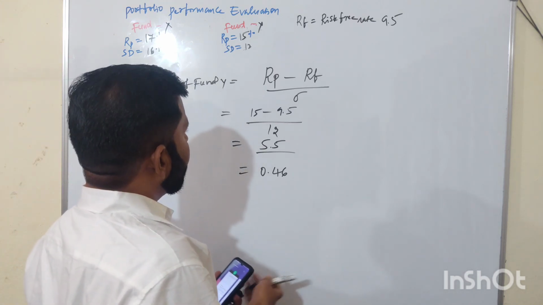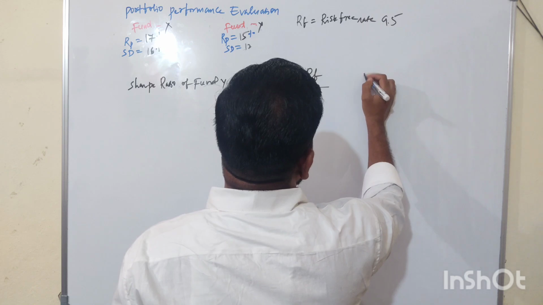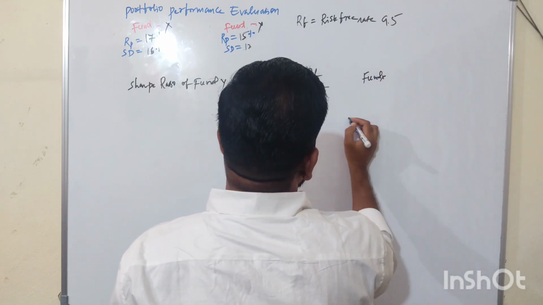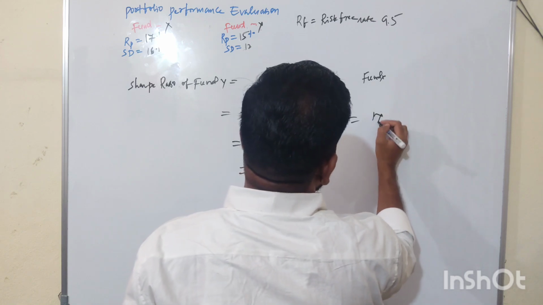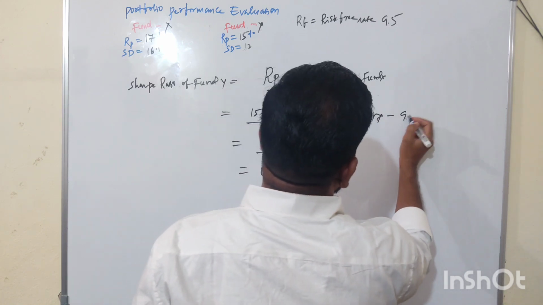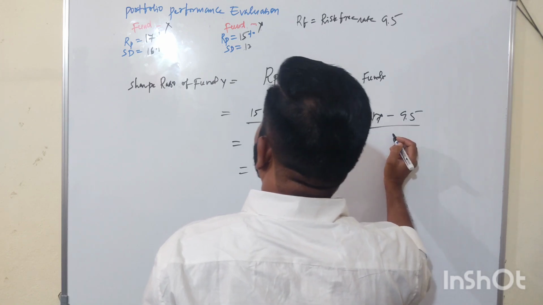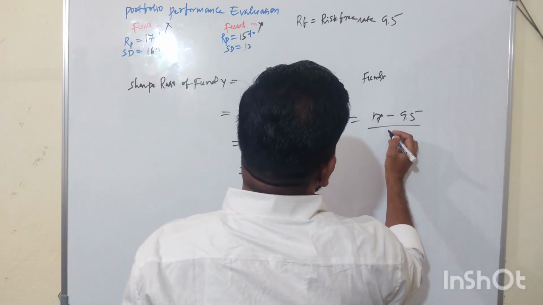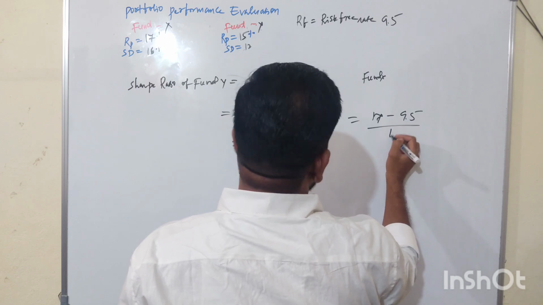Let me calculate again for Fund X. So 17 minus 9.5, divided by the standard deviation of X, which is 16.